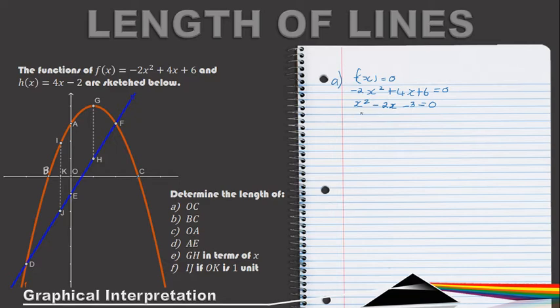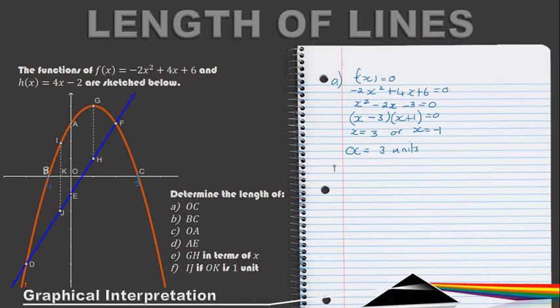Now I have to factorize: x minus 3 and x plus 1 equals 0. So x is equal to 3 or x is equal to minus 1. On the graph, I can see that this is 3 and this is minus 1. So therefore, my OC is 3 units, from 0 to 3 units.